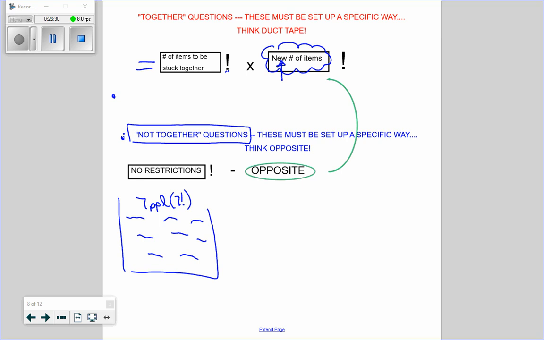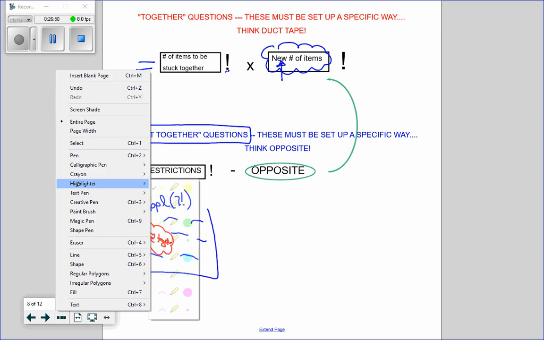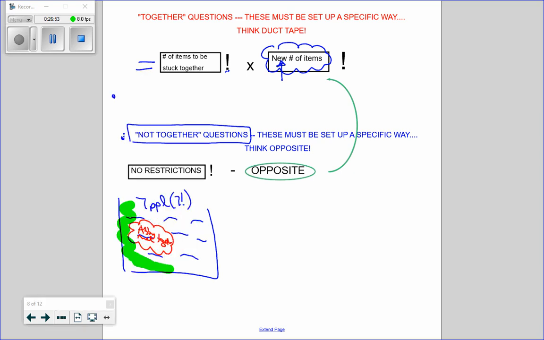Do you understand that in some of those groups, Abby and Melissa will be together? Are they going to be together in all the photos? No. But are they going to be together in some of the photos? Yes. So do you therefore understand that everything outside of that is the pictures where Abby and Melissa are not together? This is where they are not together.